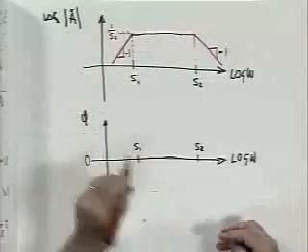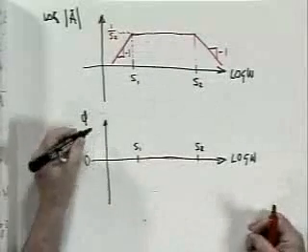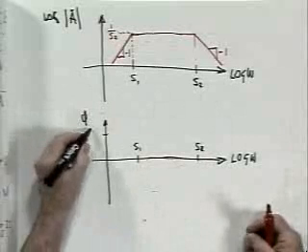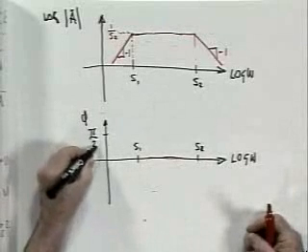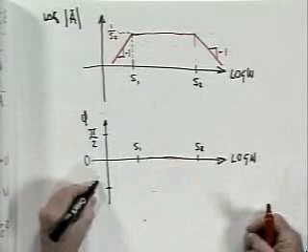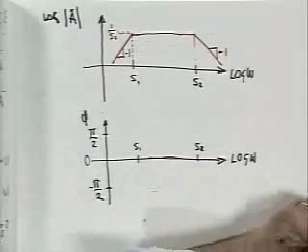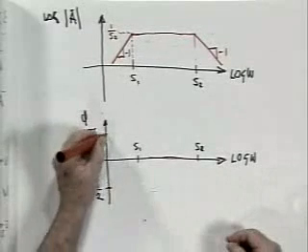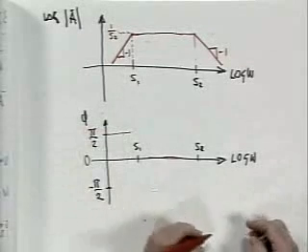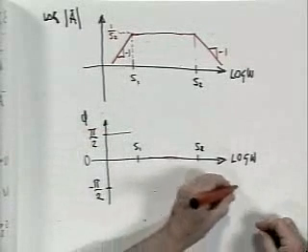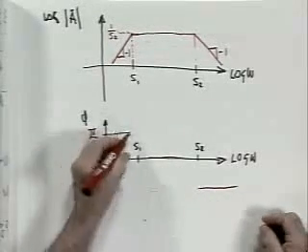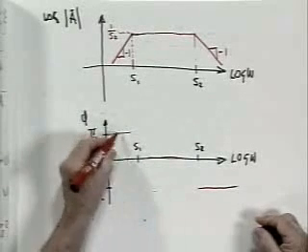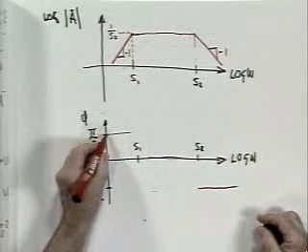The low-frequency asymptote for phase was pi over 2, plus 90 degrees. The high-frequency asymptote is minus pi over 2. So this is the asymptote for low frequencies. This is the asymptote for high frequencies. When I get a decade away from this, it's departed from the asymptote by about 6 degrees.